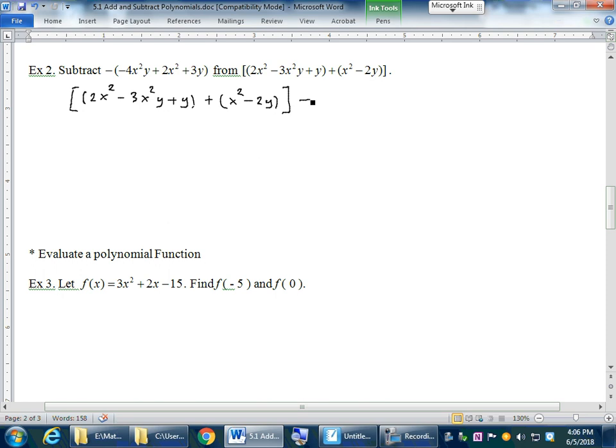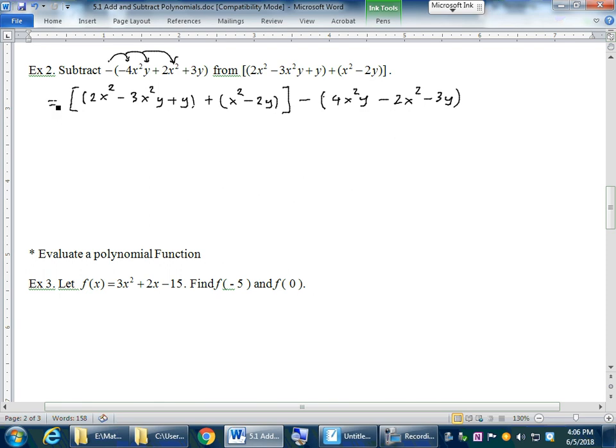You can simplify a little bit right here before continuing to make it easier, which will be 4x squared y minus 2x squared minus 3y. So notice that it's much easier. So you're subtracting the first polynomial from the second polynomial.